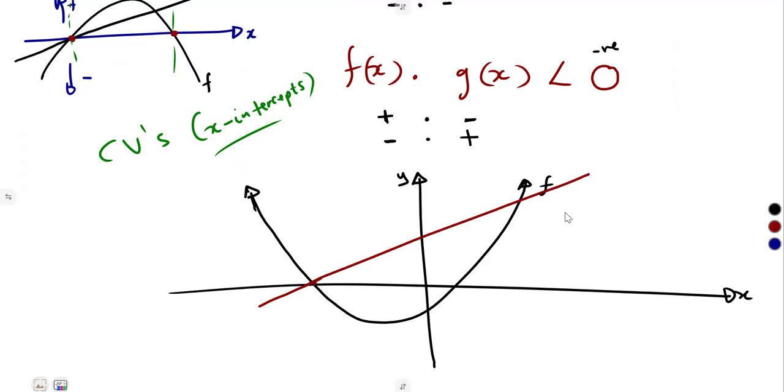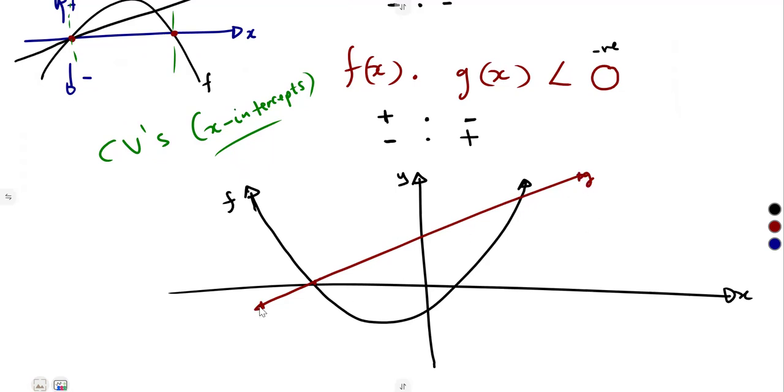So this is it. We have got something of this nature. Let me just have my f written this side so that it's not affected. Like I said, we have got something like this, and this is our g. Let's call it g, a straight line.